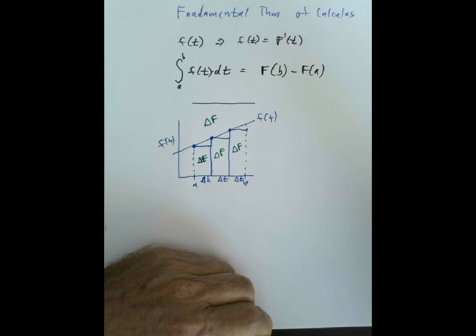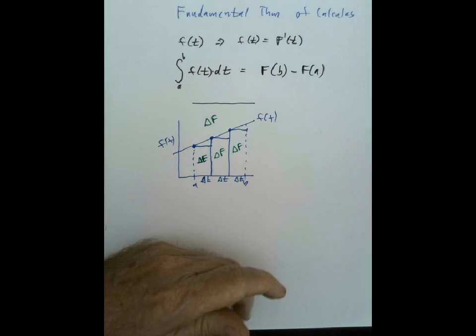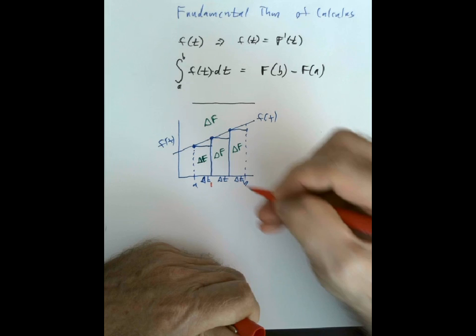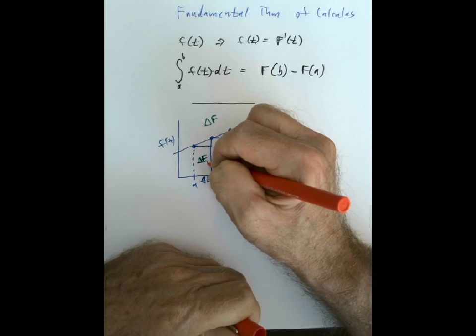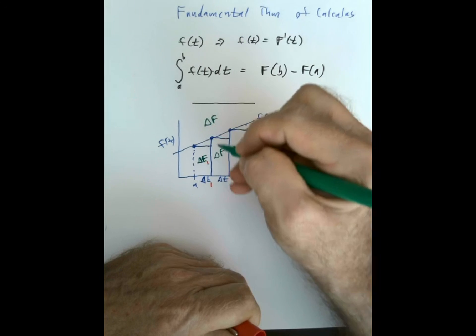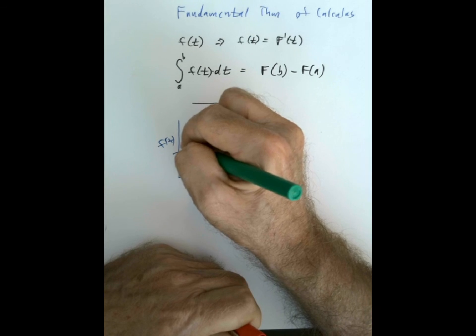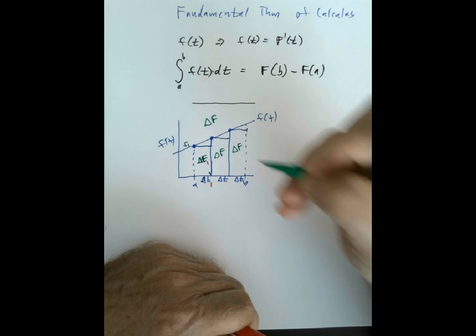For this one, delta f would be the area of that rectangle for delta t1, so let's call that delta f1. And the height of the rectangle, as usual, was f1, let's call it.